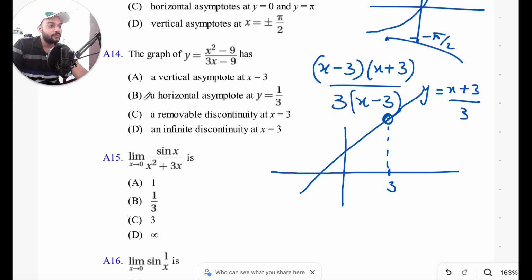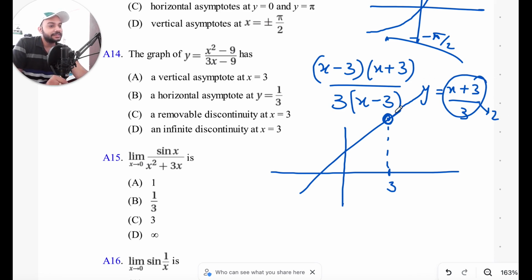So this is just a point discontinuity. Okay. It's not a jump one, and it's removable if we redefine the function as f of x is equal to, what should we say at x is equal to 3? 3 plus 3 is 6 over 3, 2. Okay. So at x is equal to 3, this is 2. So f of x should be equal to 2 at x is equal to 3.